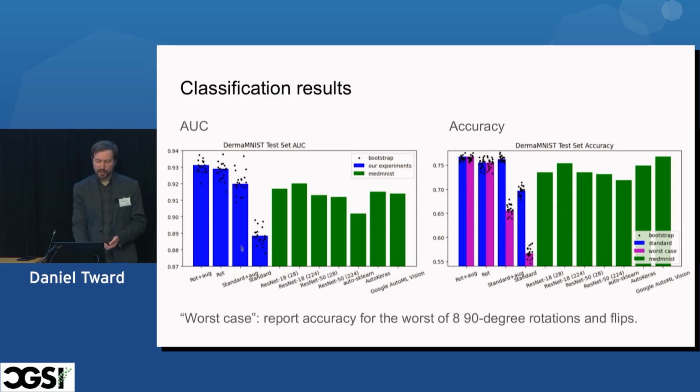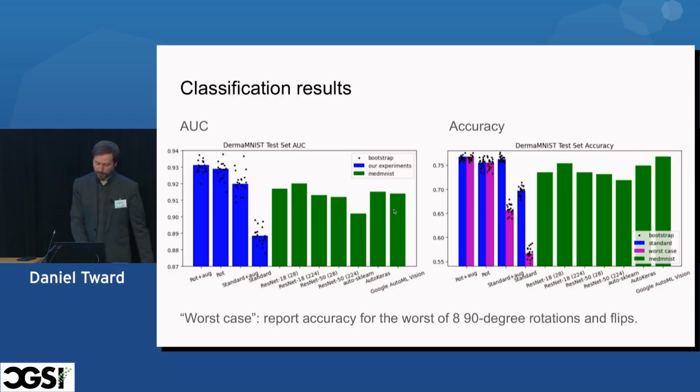And we compared that to a standard architecture, which is the same thing shown in these two blue bars without equivariance built in. And the standard architecture without data augmentation does very poor, and with data augmentation does a little bit worse than our architecture.